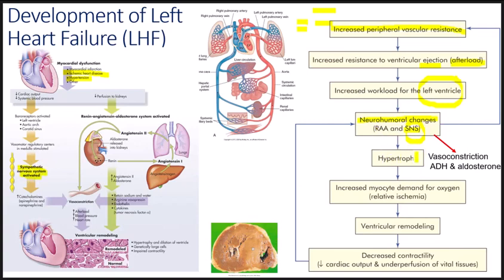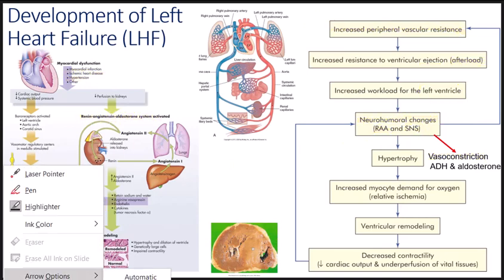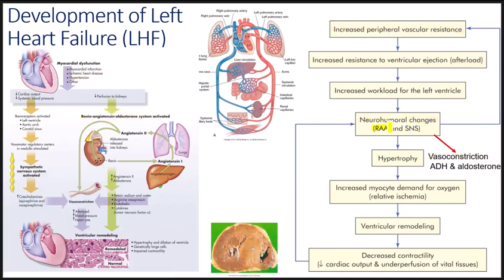We're going to see that leading to vasoconstriction. We're going to see the renin-angiotensin-aldosterone system activated as well. And activating that renin-angiotensin-aldosterone system is going to lead to the effects of aldosterone, which is sodium and water retention.